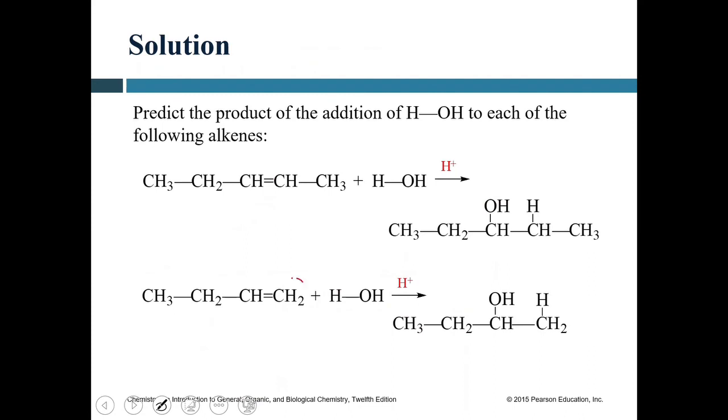In this case, it's really easy to figure out. In this case, it's a little bit more complicated, but you can see that hydrogen will be added to the carbon which has fewer carbons attached to it.